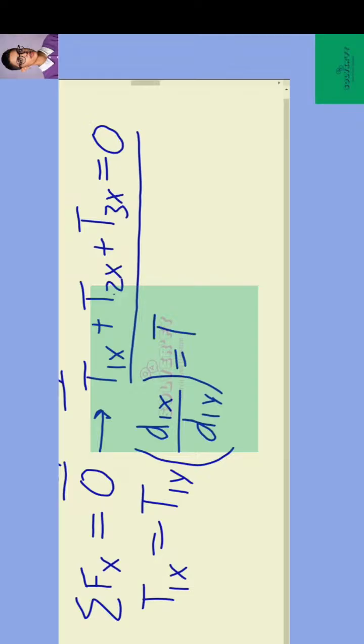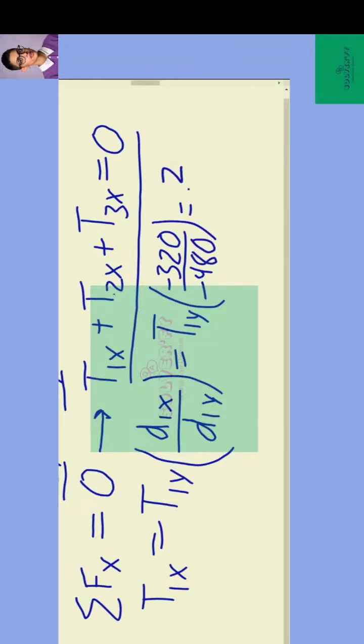So this is T1y times our x dimension. Cable 1 is negative 320 millimeters. Our y dimension is negative 480 millimeters. This simplifies to 2/3 T1y.